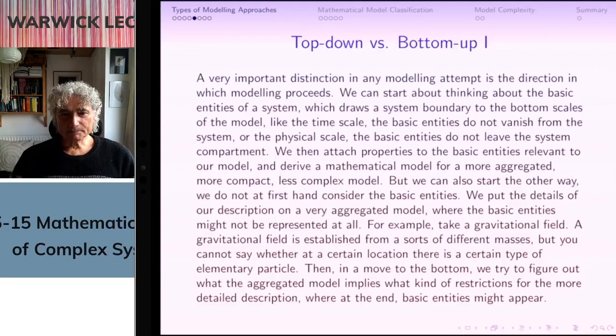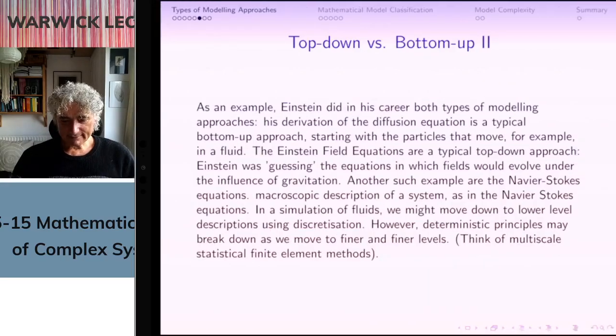Now, what is the difference between top-down and bottom-up? Let's maybe go to the next slide. Well, the basic idea is that in a top-down approach, you are not so much first concerned about the most basic entities as we just discussed them in the empirical system.